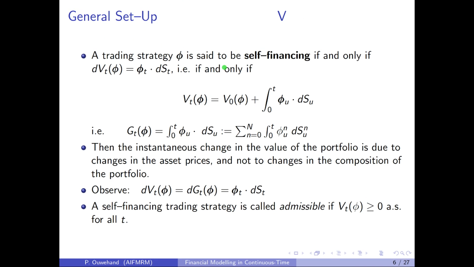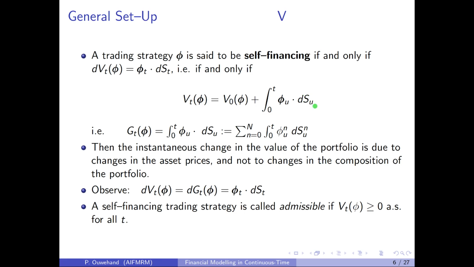We now introduce the notion of a self-financing portfolio in continuous time. A trading strategy phi is said to be self-financing if and only if V_t is equal to V_0 plus the integral of phi dS. In other words, if and only if the value of phi at time t is the initial value plus the stochastic integral from 0 to t of the portfolio phi_u with respect to the asset price process S_u.